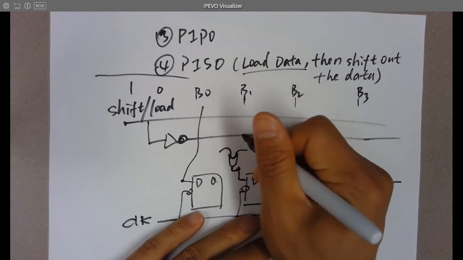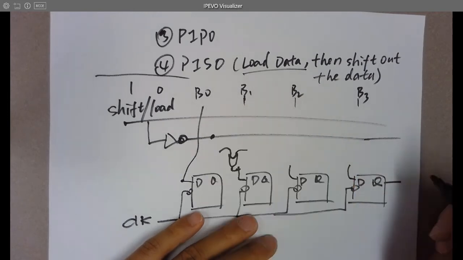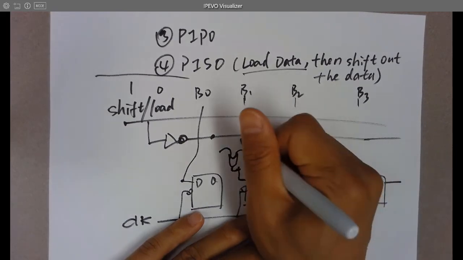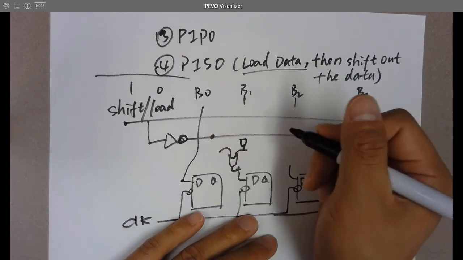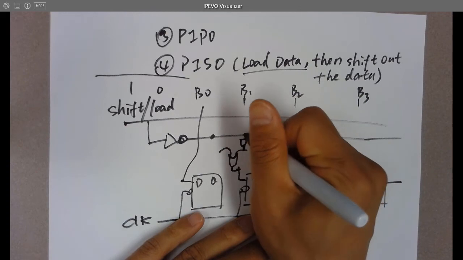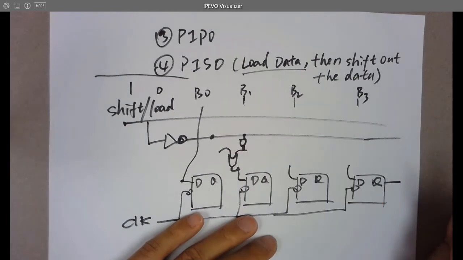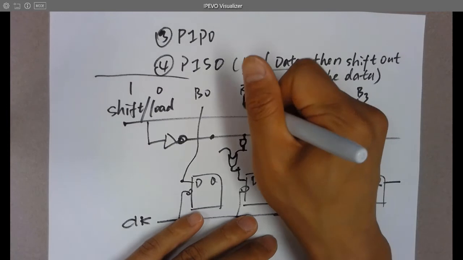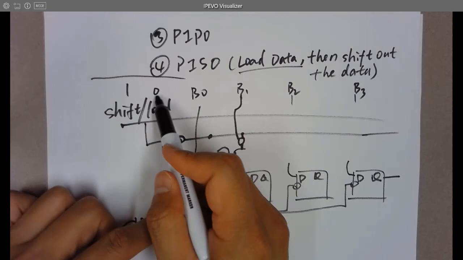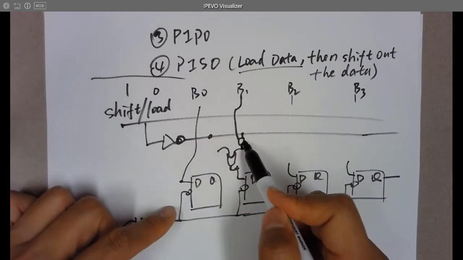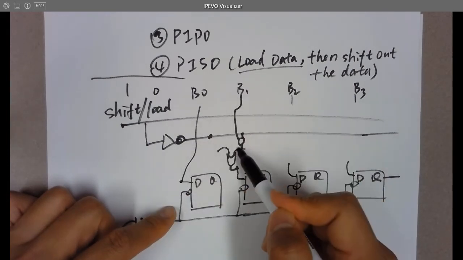So you want a 1 to load the data, and you need an AND gate to connect to there, and you need the load signal to enable the AND gate and the data line to the AND gate. Okay, so that's how you can use 0 to enable the AND gate and load the data to here.